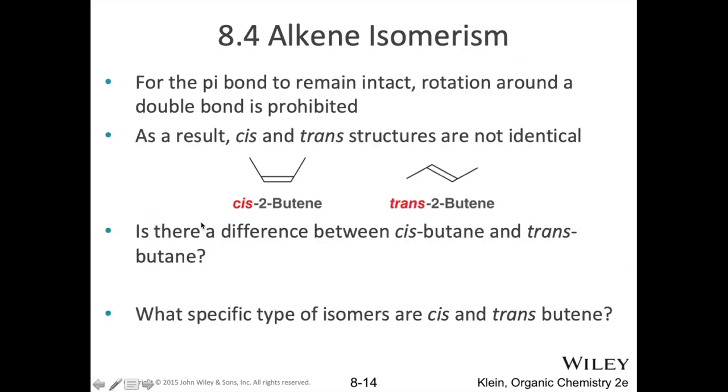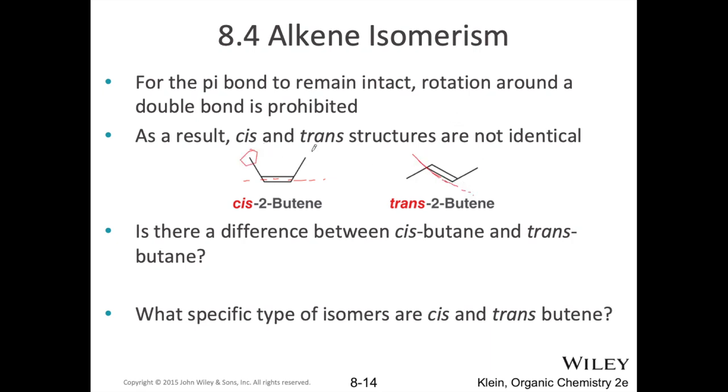Okay, so getting back to alkene isomerism. Continuing on this topic, you've already seen cis and trans isomerism before. So just to jog your memory, imagine a dotted line running parallel with that double bond.